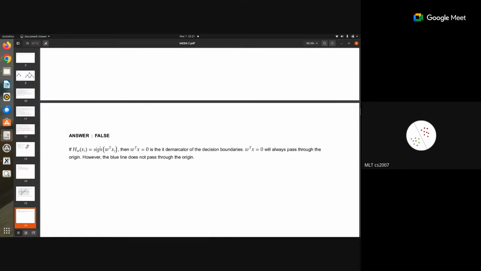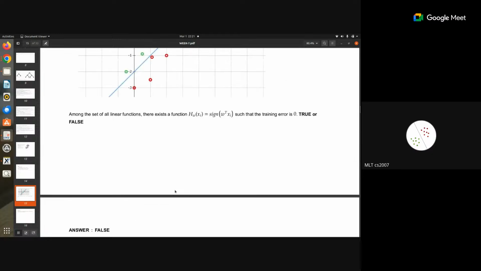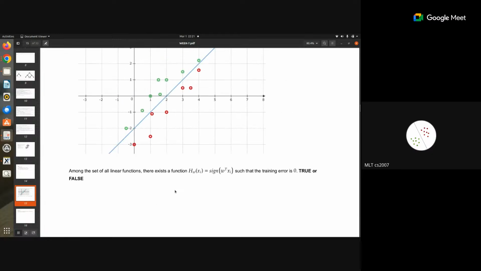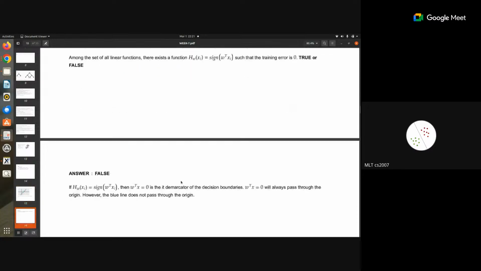It is false. Why? Is that a demarcator? I think there is a problem in this question. X is a function and the training error is 0. W transpose X plus C it should be, I think.